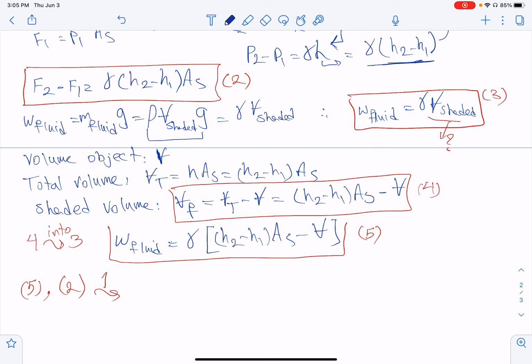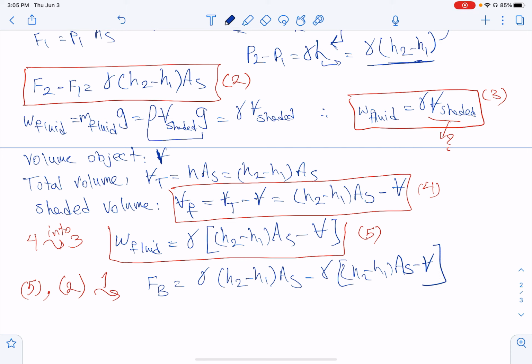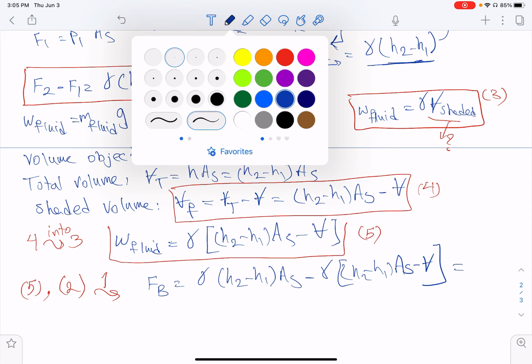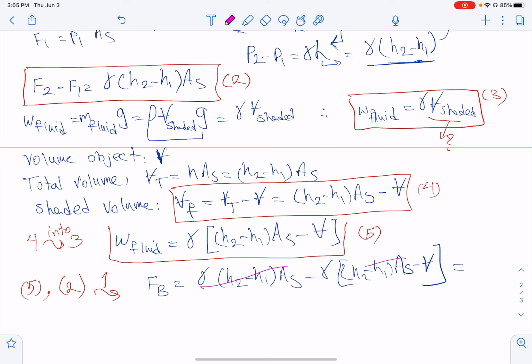And when we do that, we're going to get FB equal to gamma times H2 minus H1 times AS, minus the weight of the body, which is gamma times H2 minus H1 times AS minus the volume of the object, right? And if we simplify that, these two are going to cancel out, right?